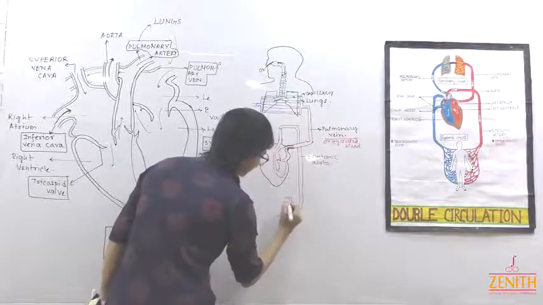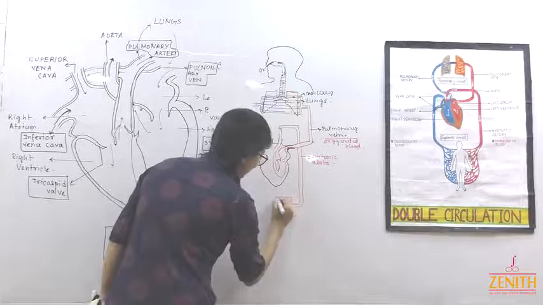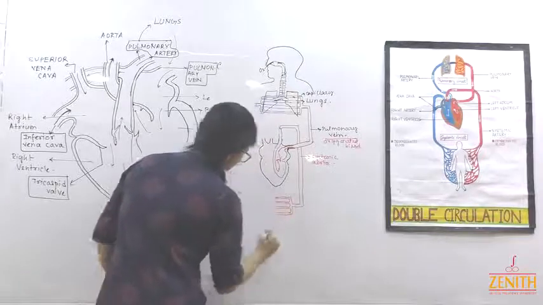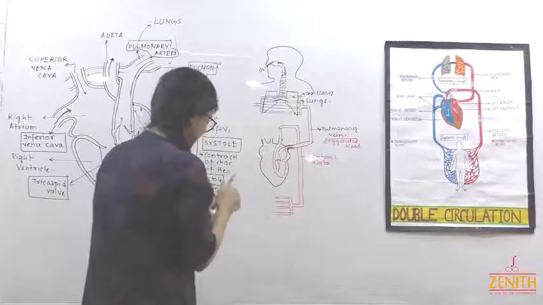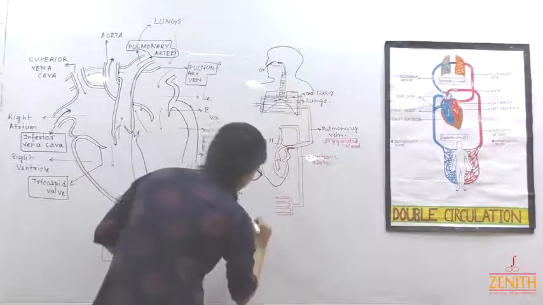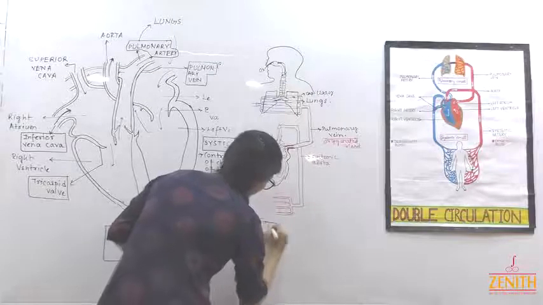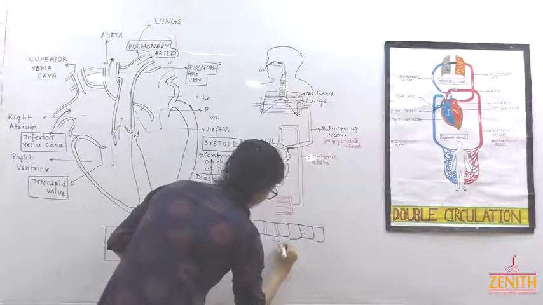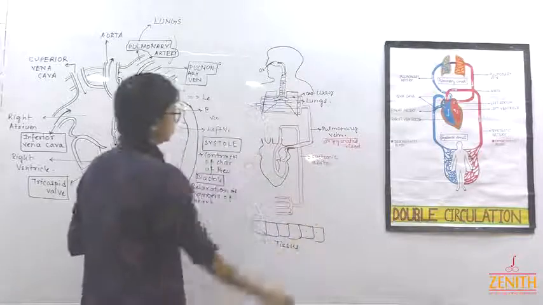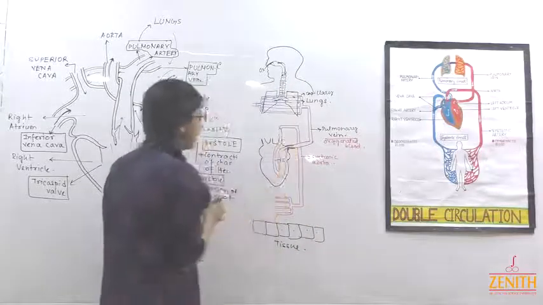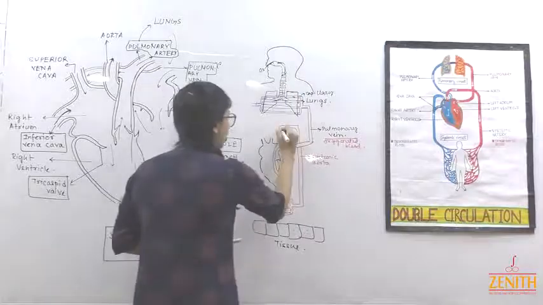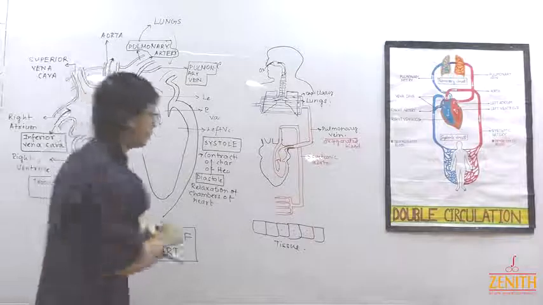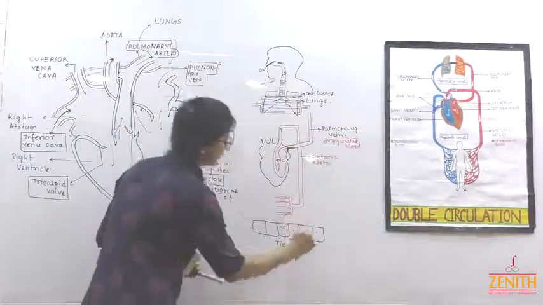So the capillaries can carry this oxygen and transmit it to the tissues which are present just below, where the different organs are present. So this is the tissue. Here the systemic aorta takes the oxygen-containing blood and transports it into the capillary. From the capillary, oxygen enters inside the tissue.